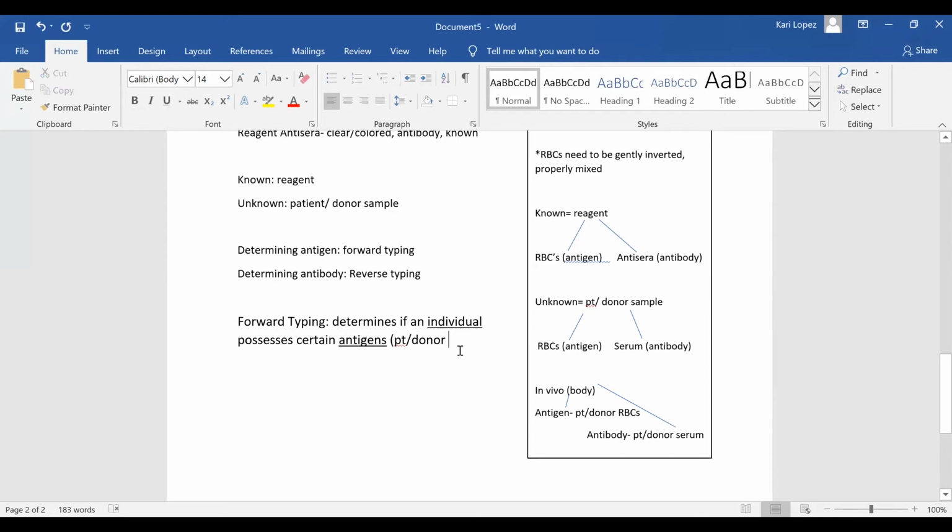So we're talking about our patient or donor RBCs, which is the equivalent of your unknown antigen. Because if it's patient or donor, we've got unknown, and since we know it's RBCs, it equates to unknown antigen.